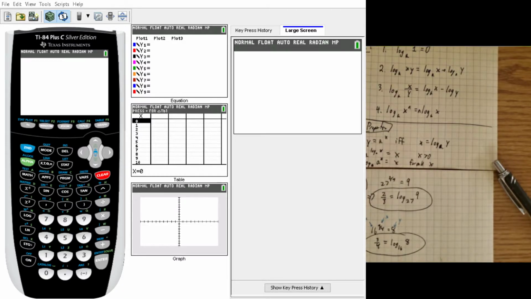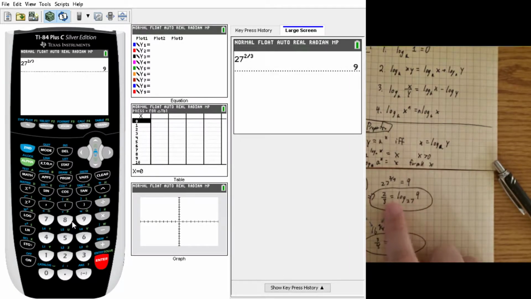So I'm going to take the first one, which is 27 to the 2/3 power. It should equal 9. There it is. Now, if we use the same thing, we can do log base 27 of 9, and it should equal 2/3, or 0.6 repeating.